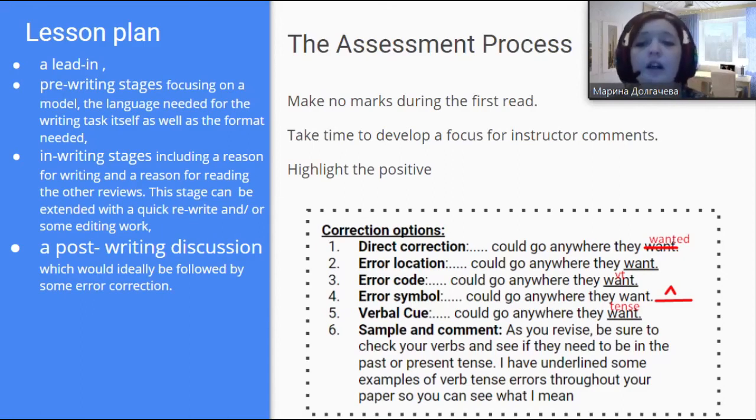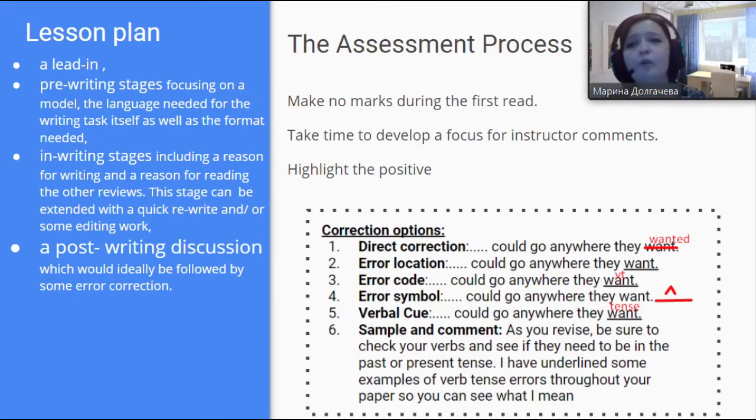As for error correction, if we're talking about the ways to correct some inaccuracies within the writing paper, there are different ways of correcting things, and actually they all have some additional goal.